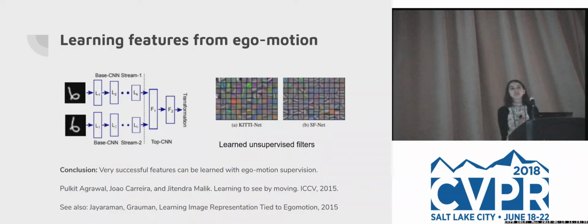So here the idea is simple. You take two images, run them through a Siamese type of network, and what you're trying to obtain at the end is the transformation that happened between these two frames.